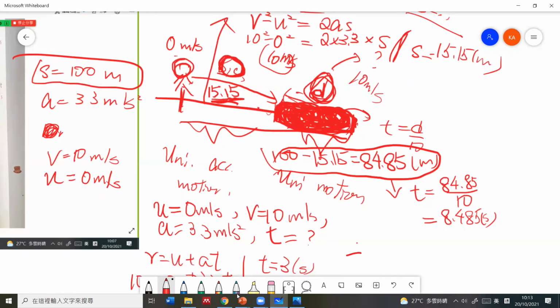So the total time is 3 seconds plus around 8.5 seconds, so it's 11.5 seconds.